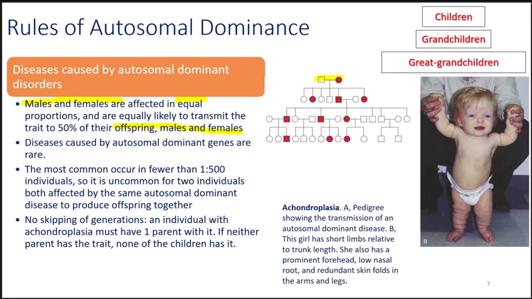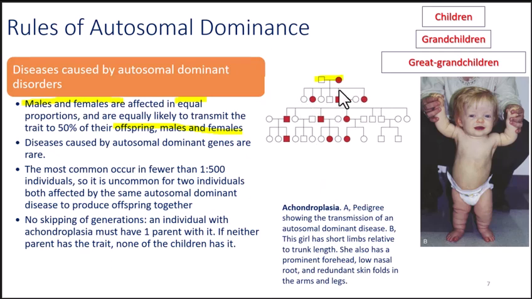If we have an affected female that mates with a normal male, and they have 6 children, so 1, 2, 3, 4, 5, and then 6, all with a direct line to mom and dad. 3 of the 6, in this case just happens to be 2 females and a male, have the disease, the autosomal dominant disease, achondroplasia, and 1, 2, 3 do not.